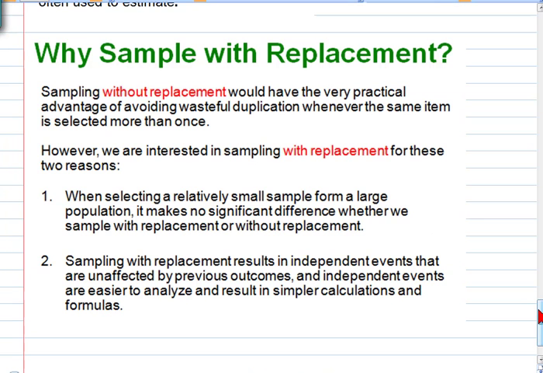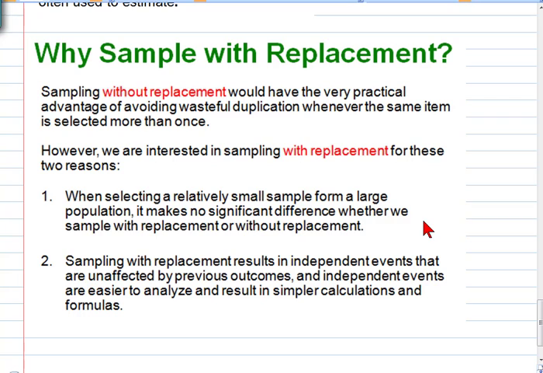You'll hear me talk about, and you'll read in the book, sampling with replacement. If you remember back on the last test that we just took on probabilities, when we had a small sample and we sampled without replacement, it changed the probability of things happening. So if we sample with replacement, then we can use the same probabilities. When selecting a relatively small sample from a large population, it makes no significant difference whether we sample with or without replacement.